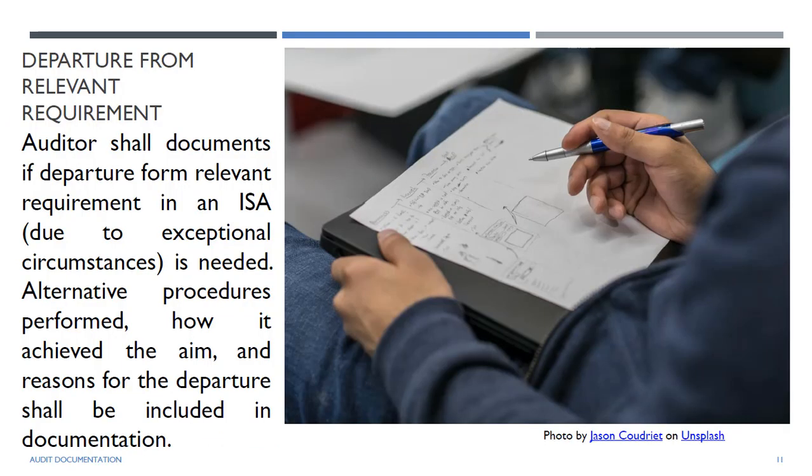In exceptional circumstances where the auditor will depart from the requirements of ISAs, as an auditor, we need to document those departures. This includes alternative procedures performed, how they achieved the aim, and the reasons for the departure from the ISA.